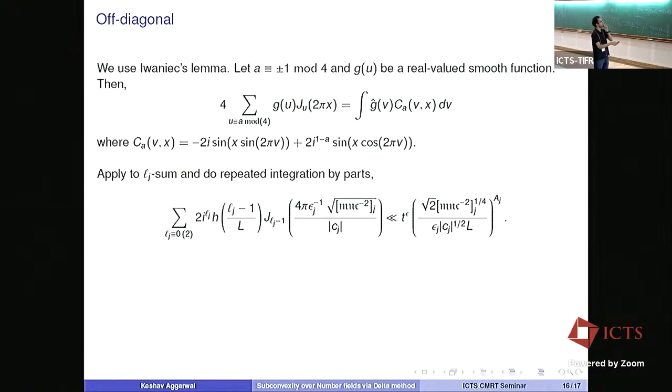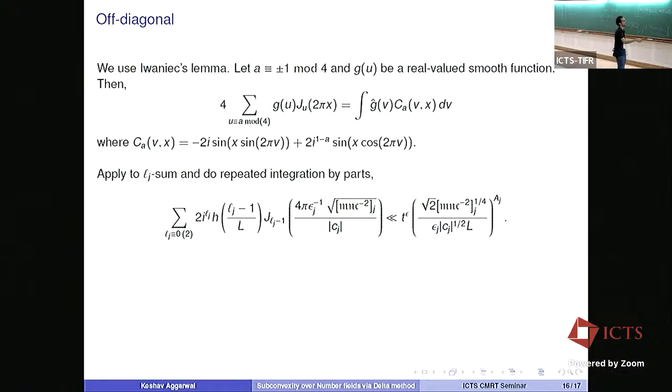So if you apply integration by parts, then you can show that for each embedding j, you will have this particular summation where h is a weight function that controls these L_j's in a dyadic segment, and these J-Bessel functions are associated to the jth embedding. They satisfy a certain bound like this.